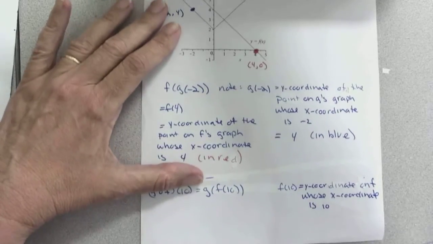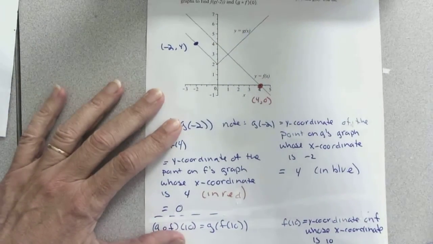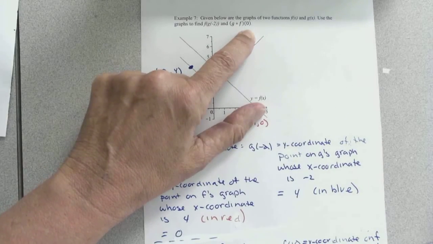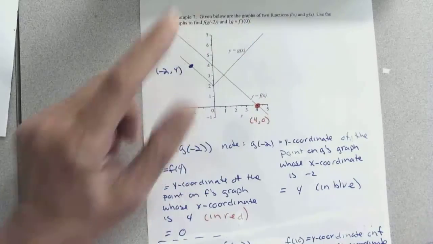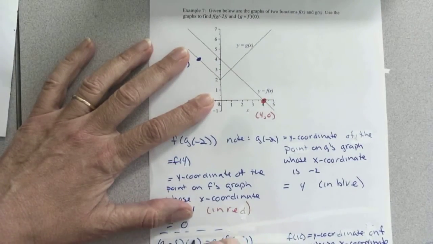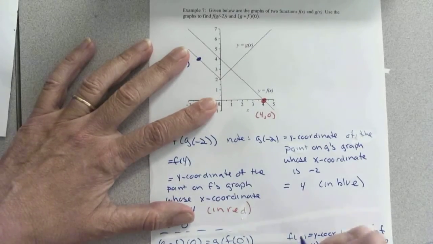Except I copied it down wrong. It's 0. All sorts of mistakes in these videos. But I caught it, 0. Which is good because the graph doesn't have a 10 on there.